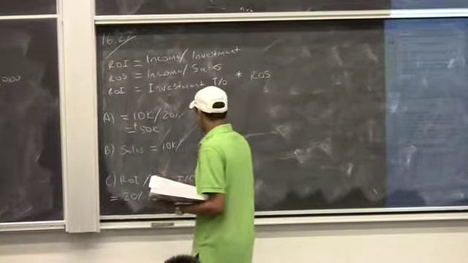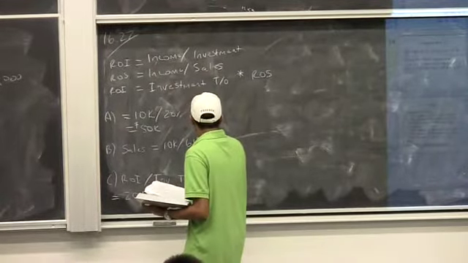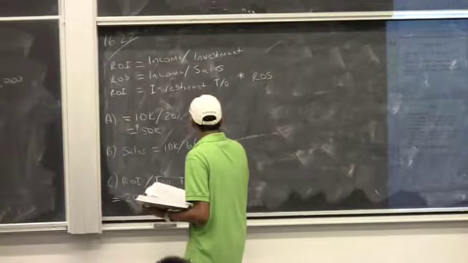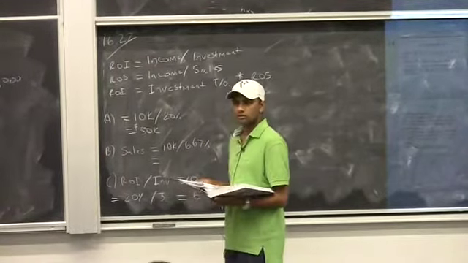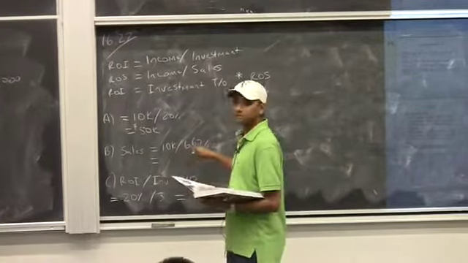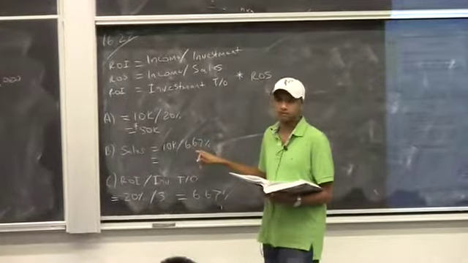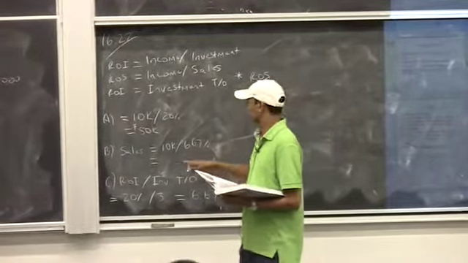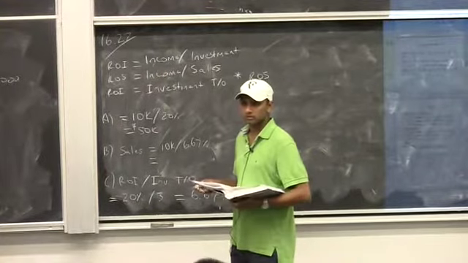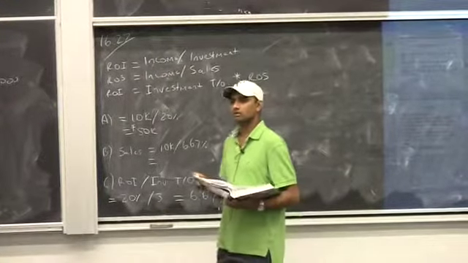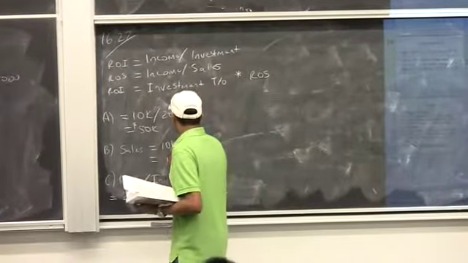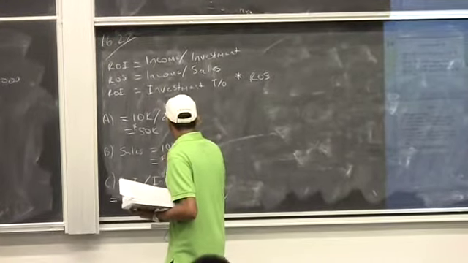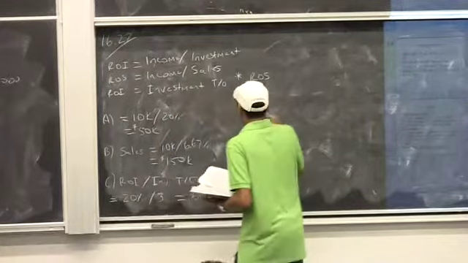Yeah, C. So how much is that? So 10,000 divided by 6 2/3%. It's a big number. Yeah. 150K. Okay, D.